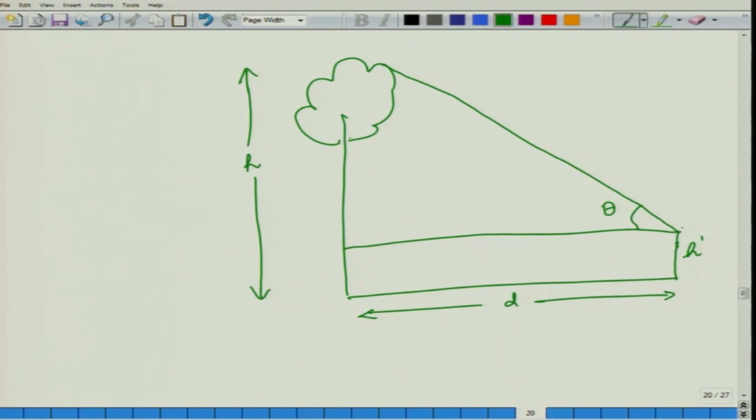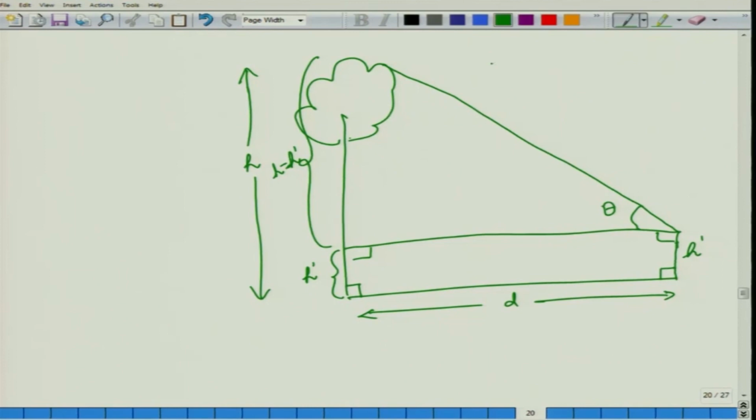Well, yes, we can. If we draw a straight line from ourselves to the tree, this portion becomes a rectangle. So, this side is also equal to our height. This portion will then become h minus h prime.